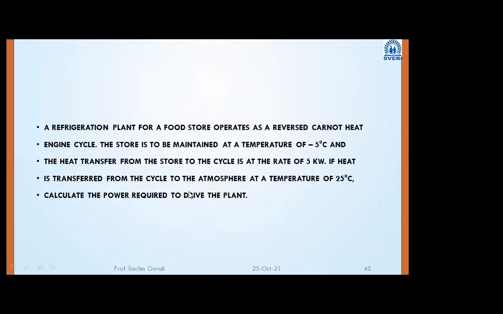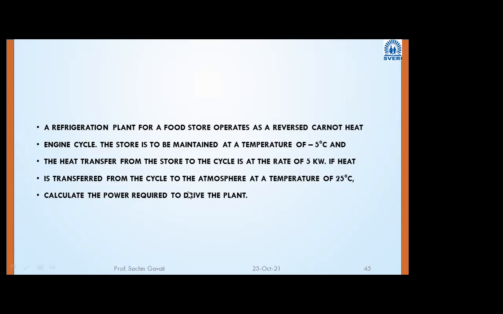Okay. Another numerical. A refrigeration plant for a food store operates as a reversed Carnot heat engine cycle. The store is to be maintained at a temperature of minus 5 degrees Celsius, and heat transfer from the store to the cycle is at the rate of 5 kilowatt. If it is transferred from the cycle to the atmosphere at a temperature of 25 degrees Celsius, calculate the power required to drive the plant.